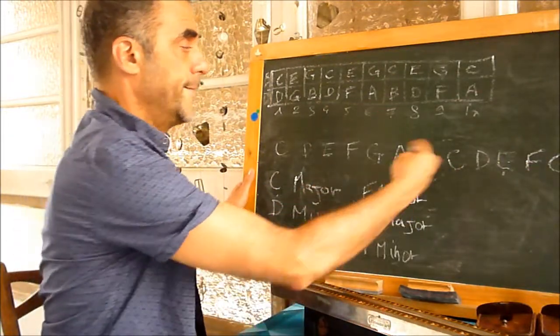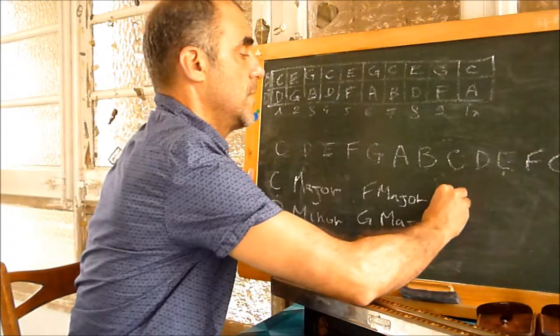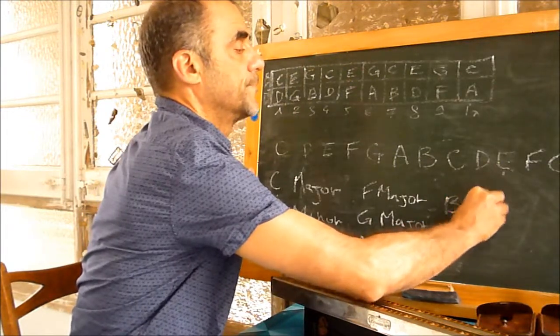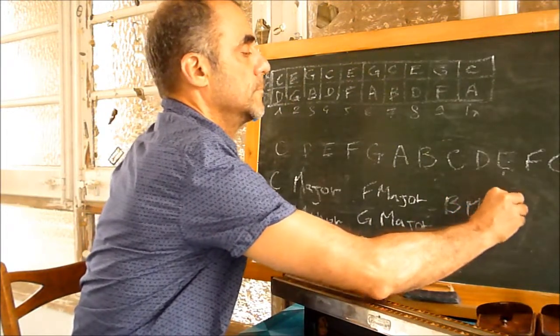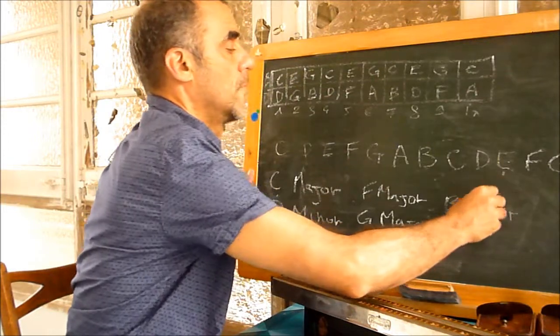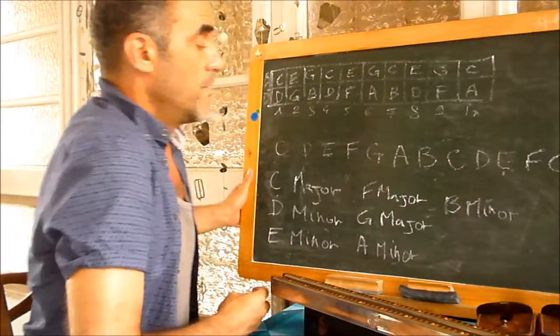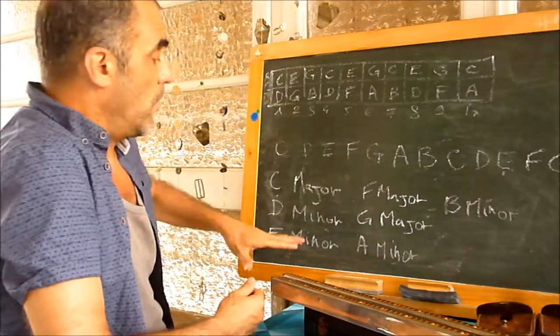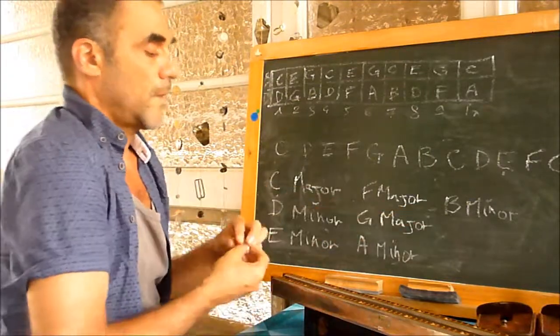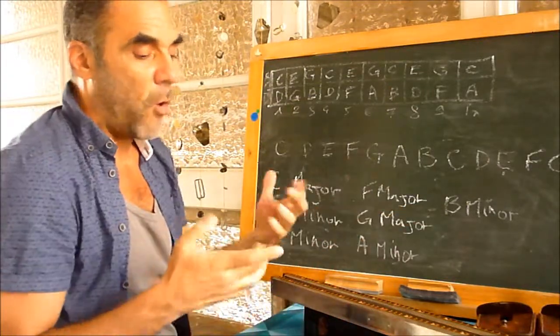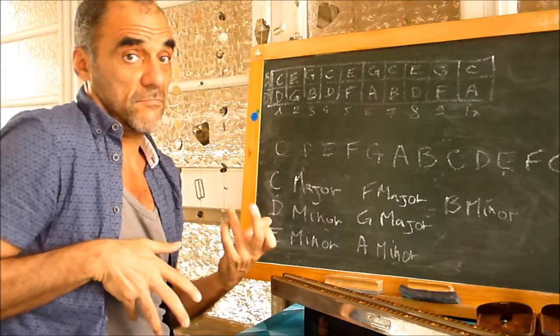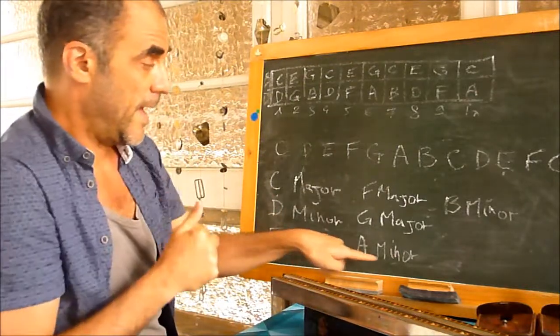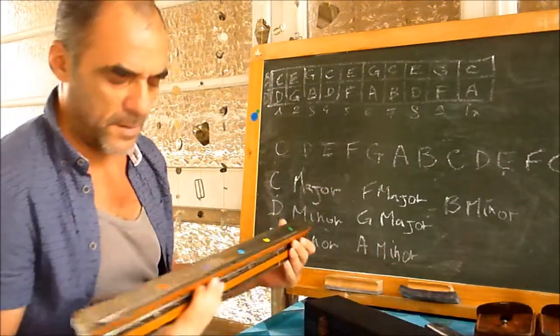Okay. And then the last one, an interesting minor too. So we have the possibility to play with all these different scales. I mean with all these different chords. Okay? A minor, for example.